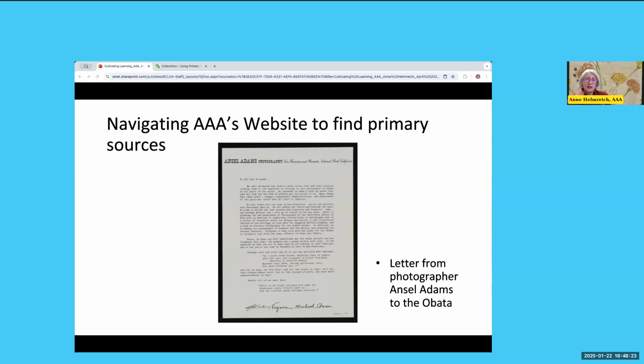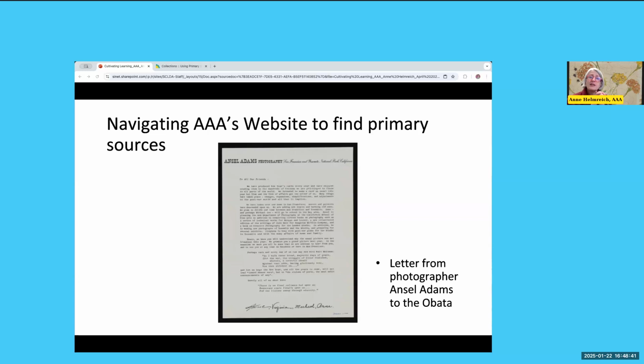So I'm just going to close with that notion of a treasure hunt, that notion of trying to find items. Here's an example. This is the same. Oh, sorry, this got cut off. This should be to the Obata family.